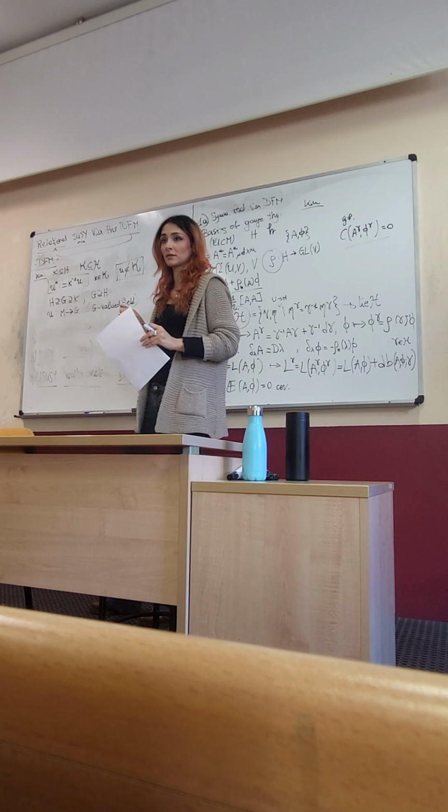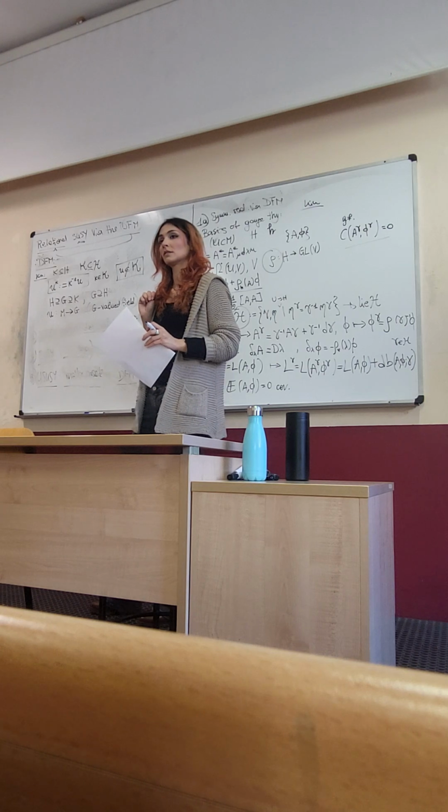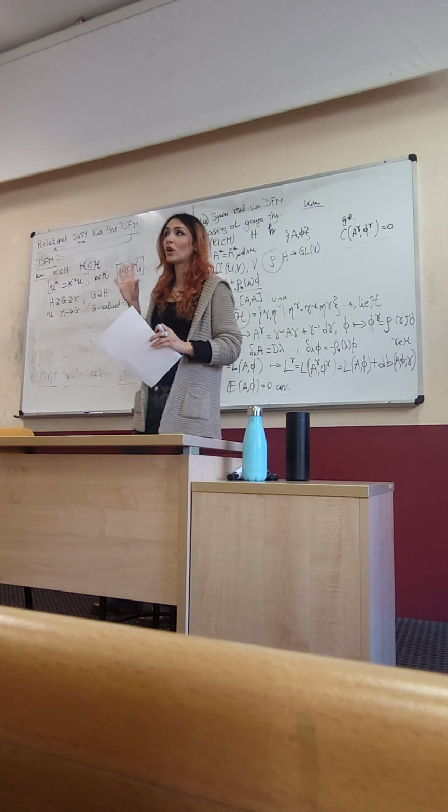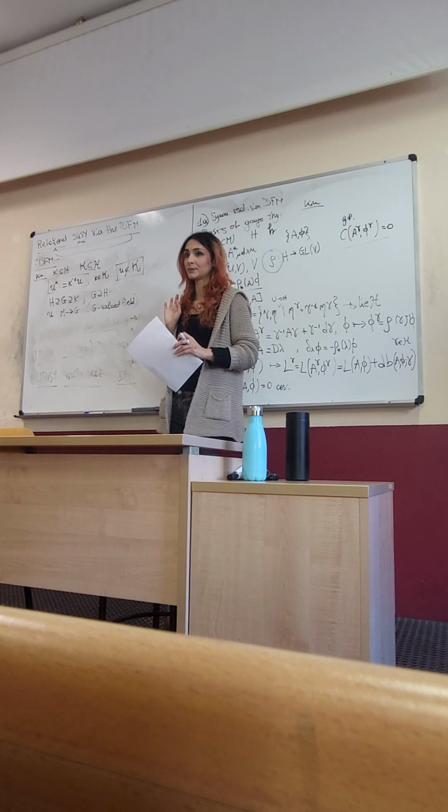Before, you also mentioned that this field should belong to the set of fields of your original theory, so it should be part even of A and phi. Yes, meaning that it has to be extracted from their degrees of freedom.